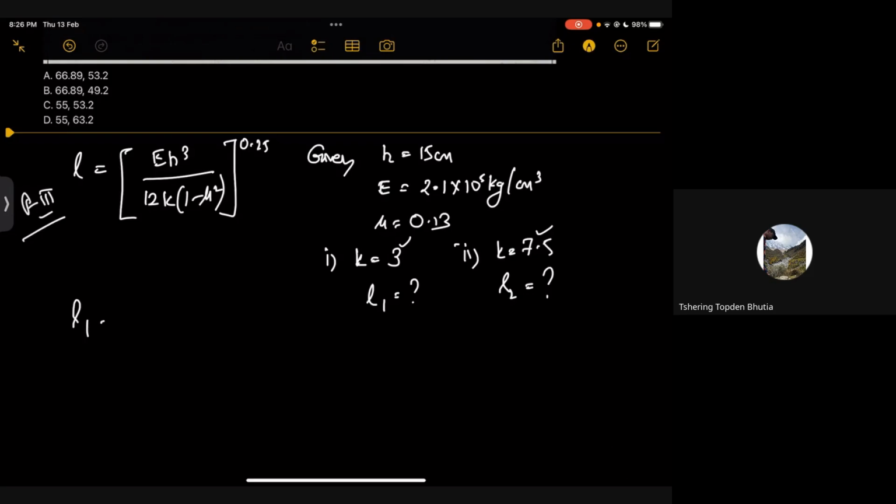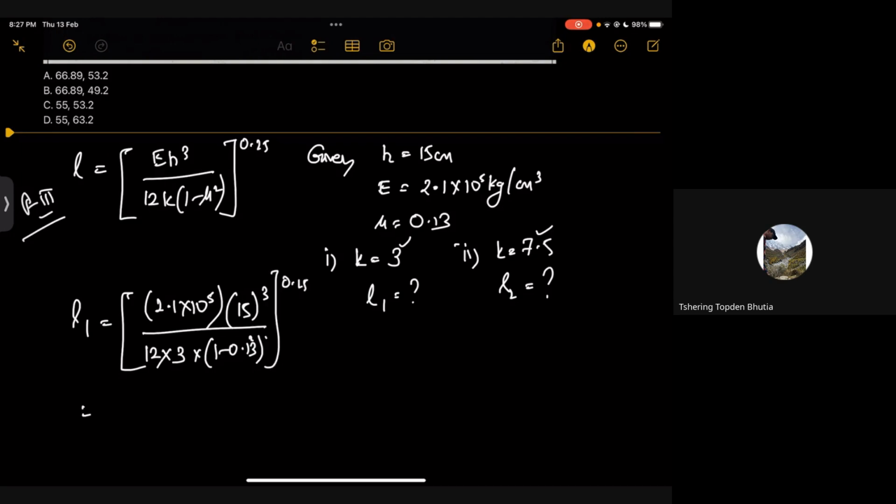So L1 is equal to, I think you guys are voting also. Let me check that also. Poll number 3. Okay. L1: E is 2.1 into 10 to the power 5, H is 15 cube, divided by 12 into K. K is 3 for the first case, and 1 minus 0.13 square, all to the power 0.25.